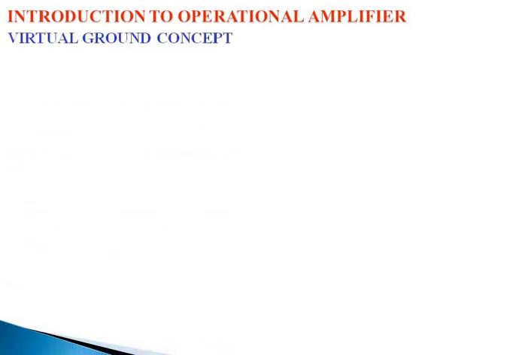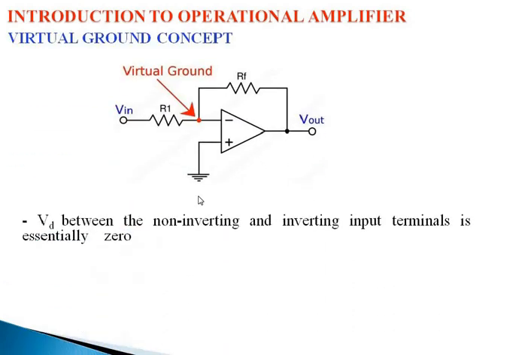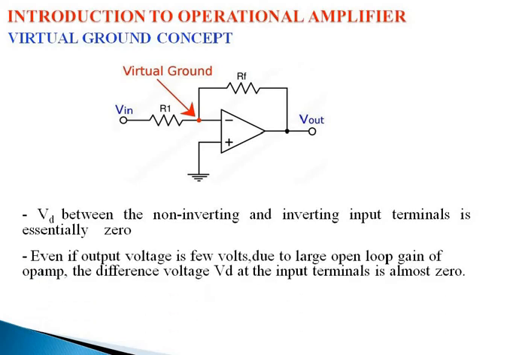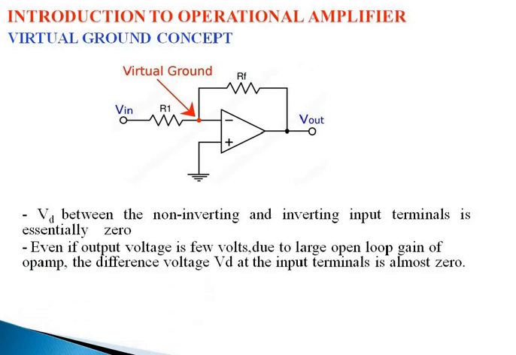Next is the virtual ground concept. VD between the non-inverting and the inverting input terminals is 0. Even if output voltage is a few volts, due to the large open loop gain of the op-amp, difference voltage VD at the input terminals is almost 0. Consider an open loop op-amp. We know that open loop gain is infinite. So even though no input voltage is given, output voltage will be very high due to this high open loop gain.